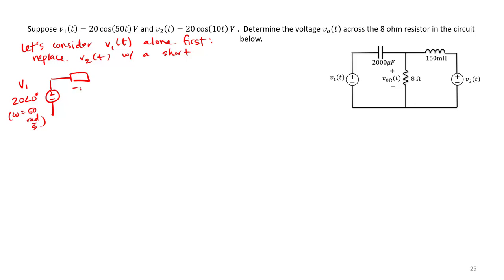We have our minus J10 impedance from our capacitor. We have our 8-ohm resistor. And then on the right, we have our J7.5 impedance from the inductor. And notice our V2 source is now replaced with a short.